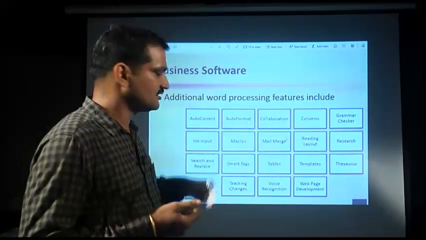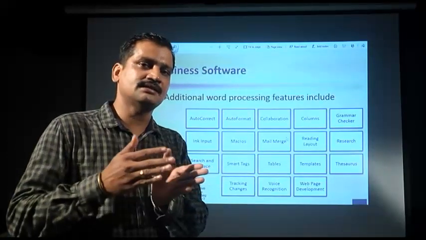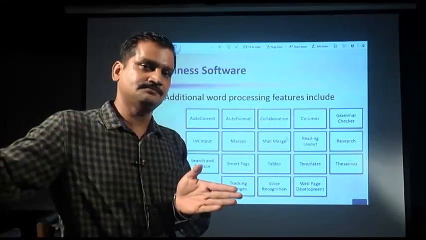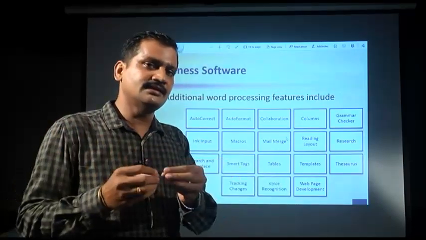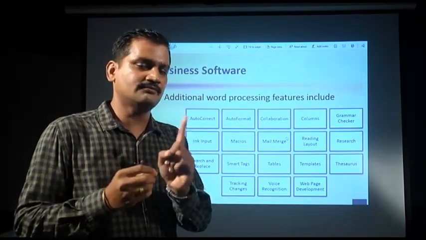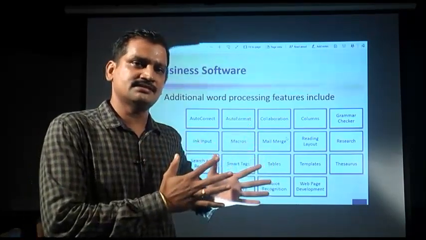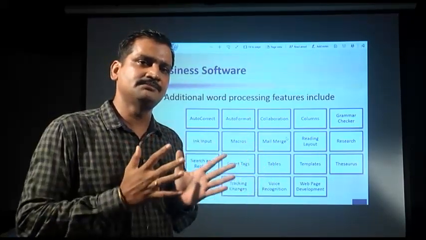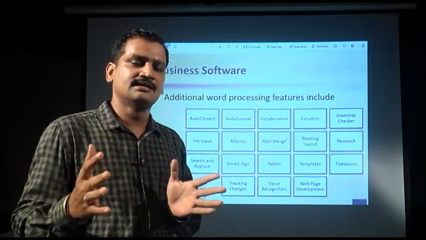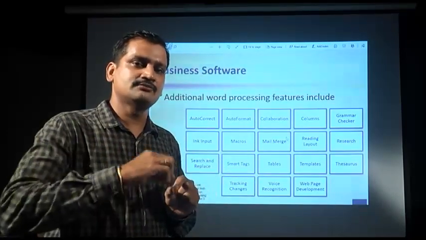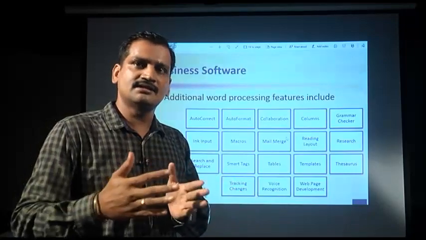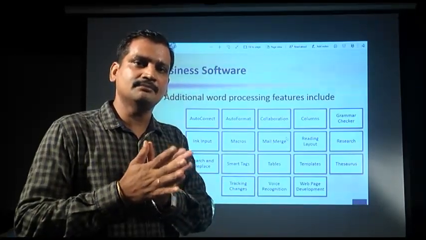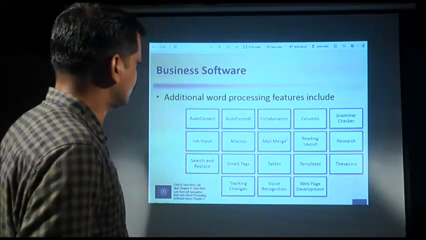You can use the mail merge feature to quickly prepare those letters. You make one copy of it, you maintain a database of the recipients with their addresses, define the places where they are going to be inserted in that letter, and you can insert them and make a number of copies of that letter.